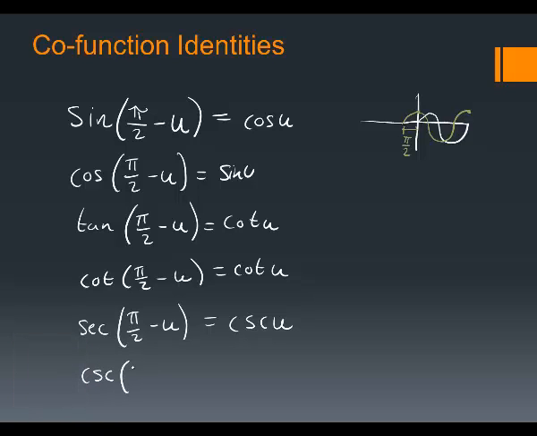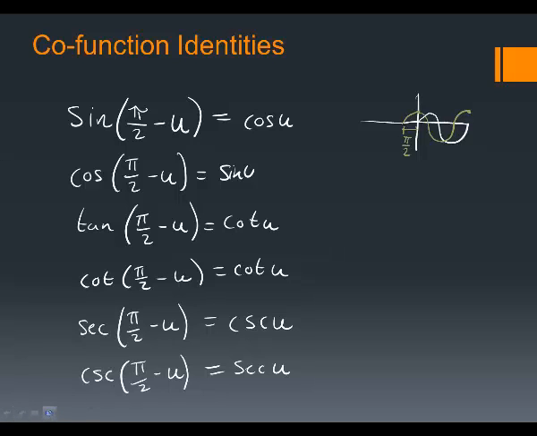Cosecant pi over 2 minus u equals secant u. So these are all pretty important, especially when we're graphing. It's also handy with right triangles. We can discover that a little bit more some other time, but not today.